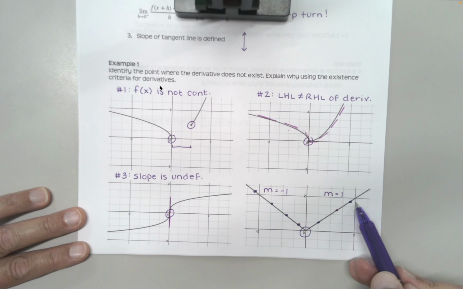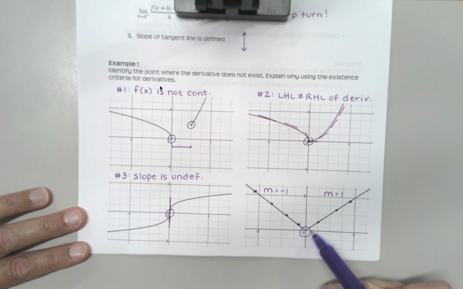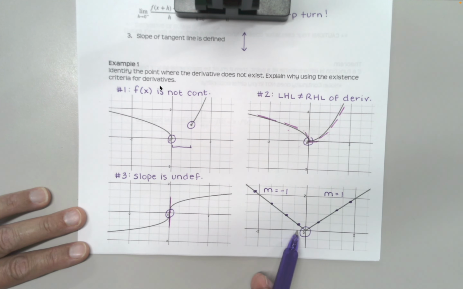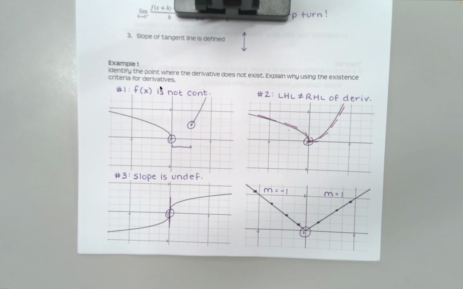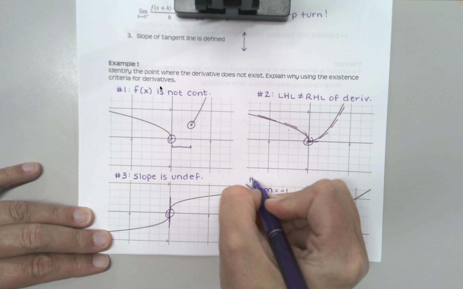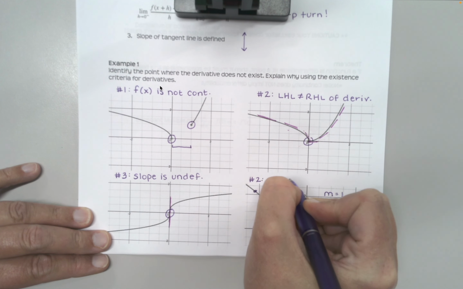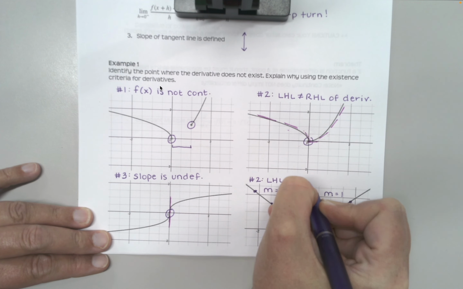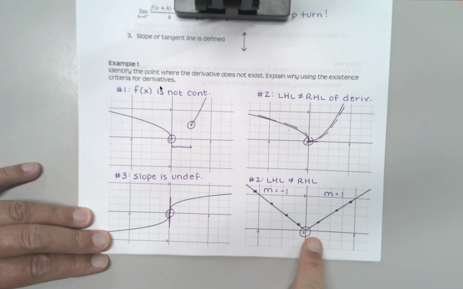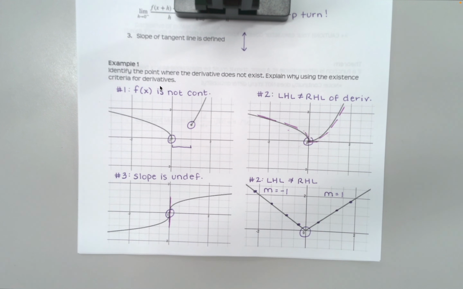And so coming in from the right, my slopes are all 1. Coming in from the left, my slopes are all -1. And then you hit this 0 point, and it changes from one to the other without any sort of smooth transition. Okay, so this is, again, the issue is number 2. The left-handed limit does not match the right-handed limit. And that's because, again, you've got that sharp corner there that's not allowing the slopes to naturally transition.